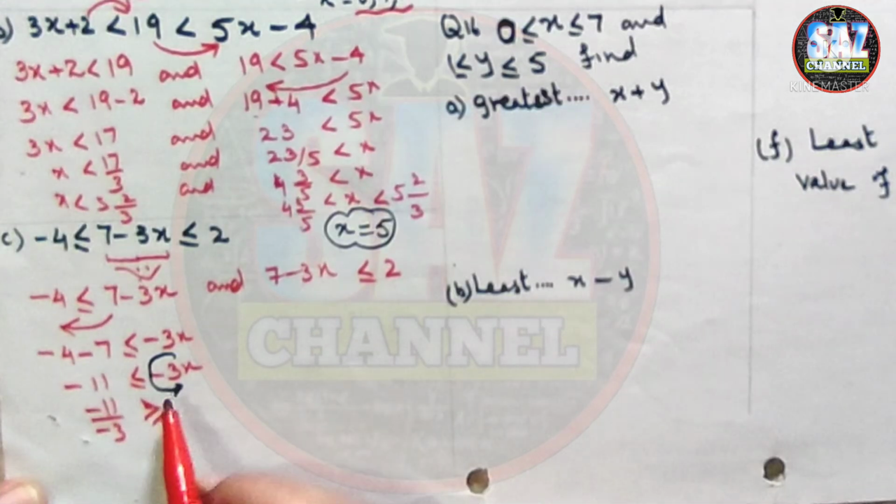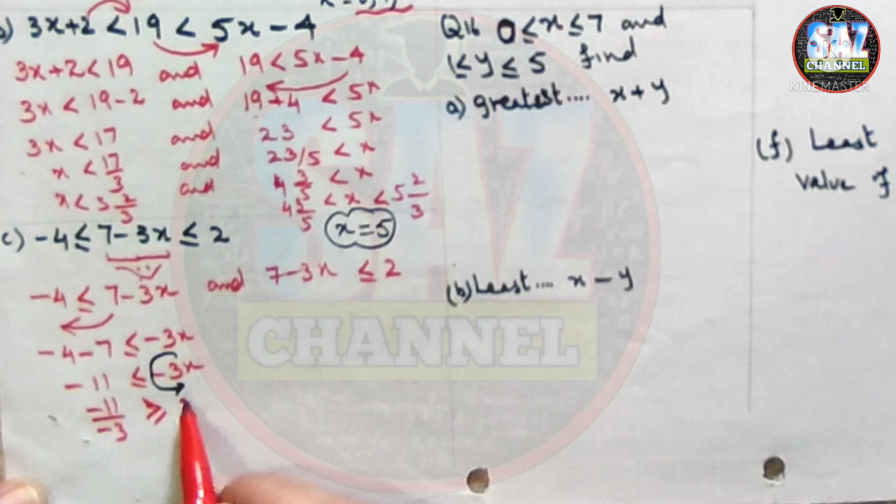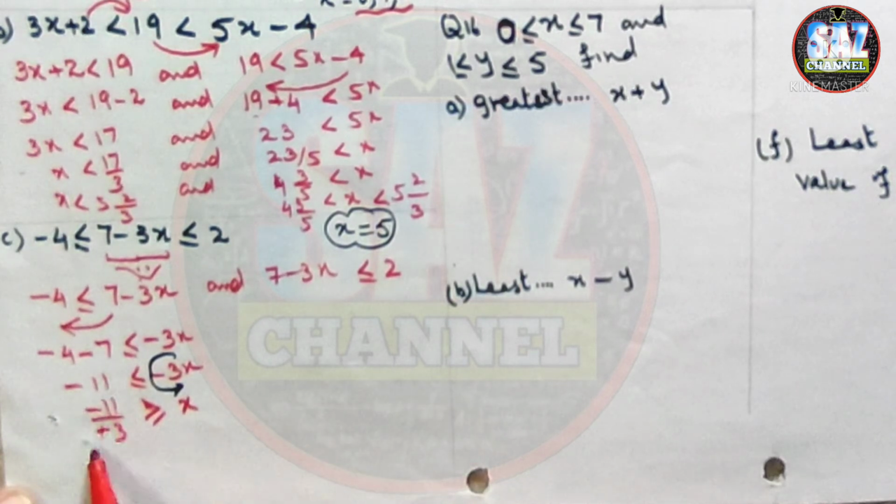We must not forget to reverse the direction of the inequality, and 11 by 3, 11 divided by 3, 3 3s are 9 and 2, 3 whole 2 by 3. So x is less than or equal to 3 whole 2 by 3.